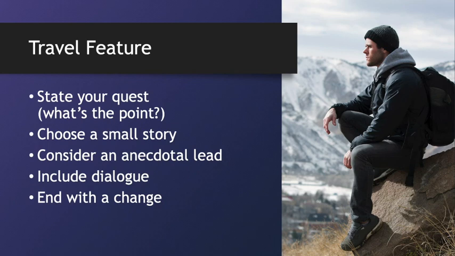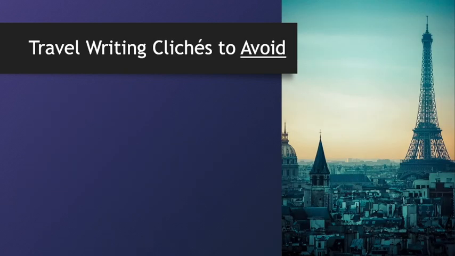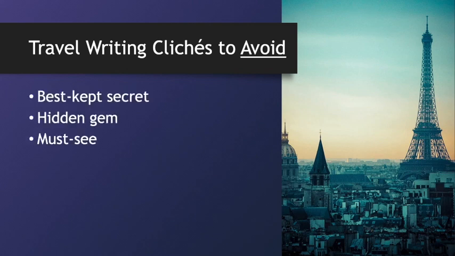But basically the other part I want to say about it is that you end with a change, meaning you find that sandwich or you come to the realization that this is a very different country, whatever it is. You basically have some kind of event at the end, something that resolves.